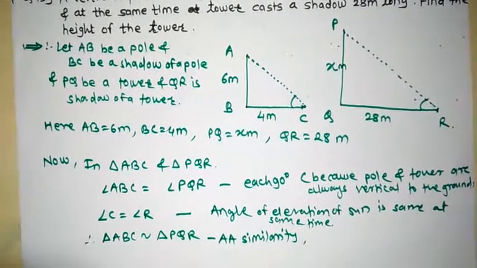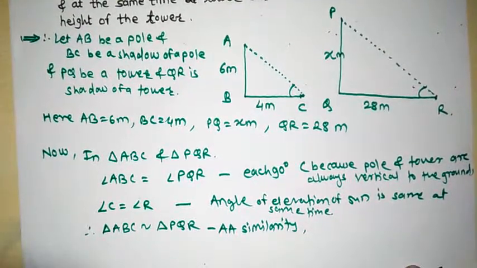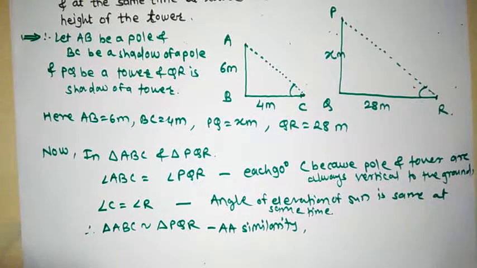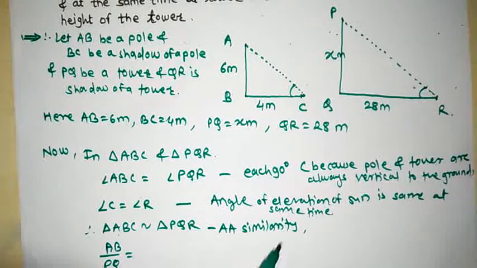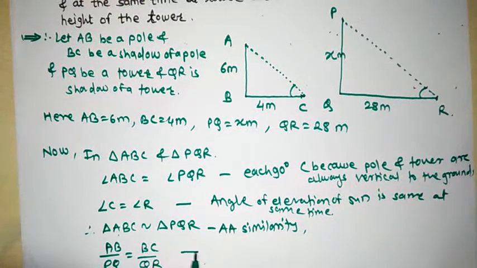Now see how to find the next step. In the next step, what we want is the PQ value. We will take the ratios of corresponding sides: AB by PQ is equal to BC by QR. What is the reason?